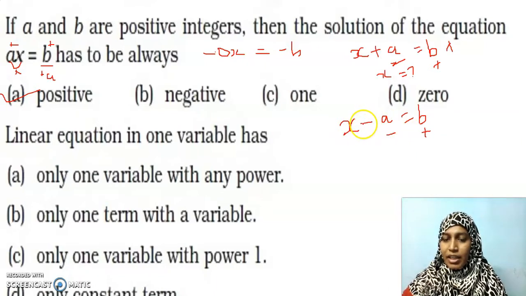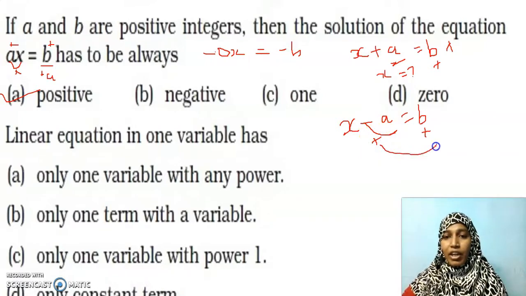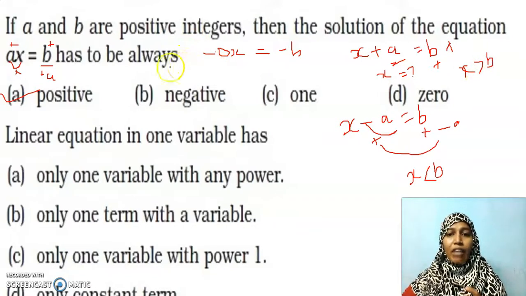If you have a minus sign here, the negativity of this a gets cancelled. See, minus into minus, you will become plus here in the left hand side itself. Here when it gets transposed to this side, it will come as minus a. So I am subtracting a from b. Surely it will be less than b. x will be less than b in this situation. Here x will be greater than b. See, I have shown you only one question here, but I have discussed with you 4 questions.